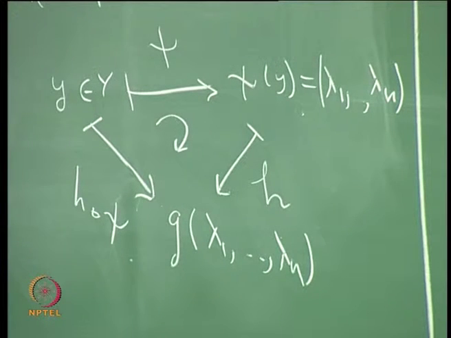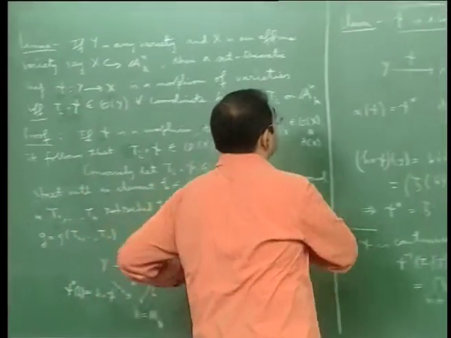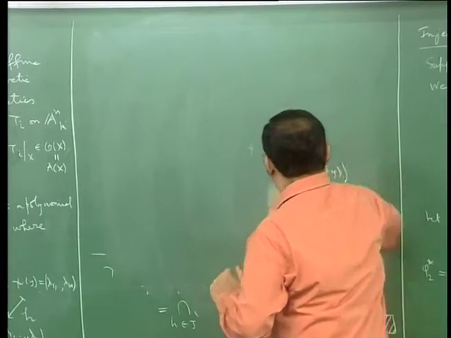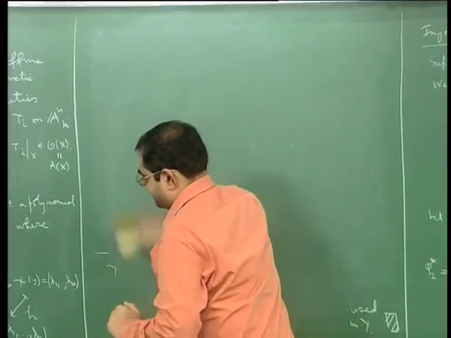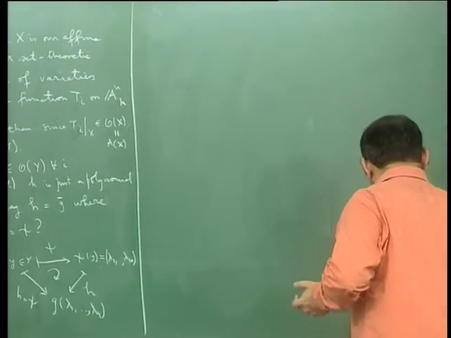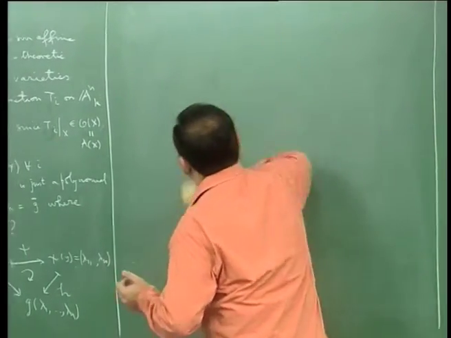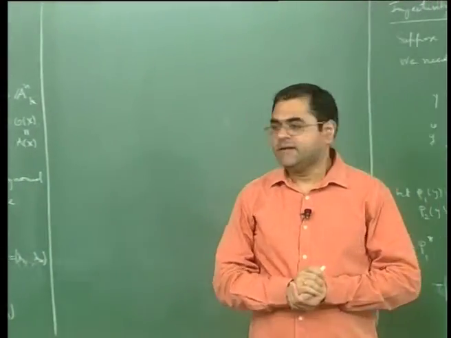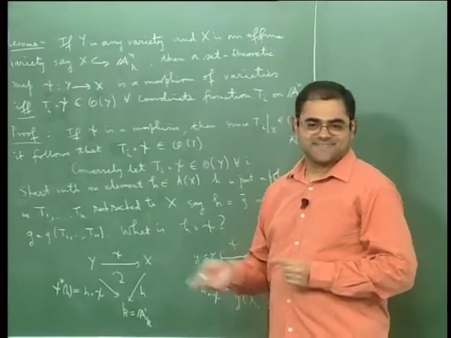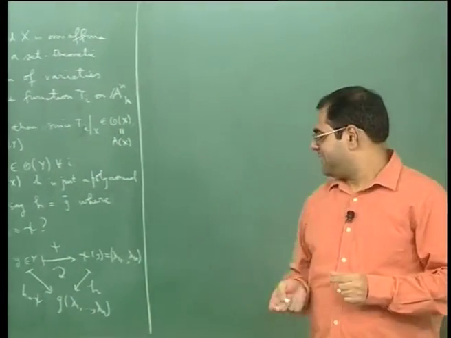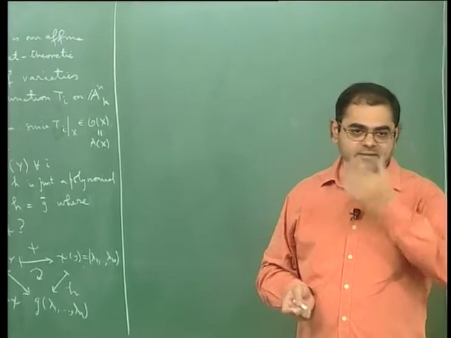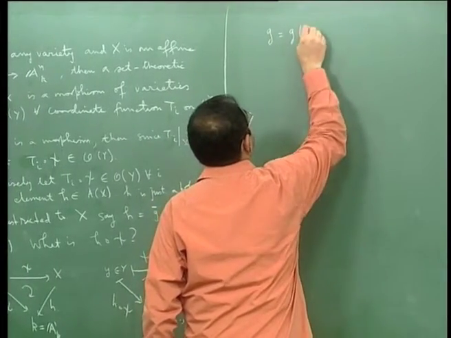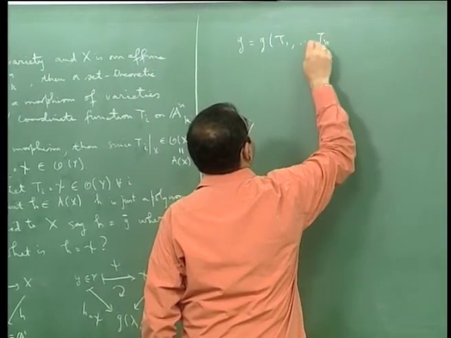And if you look at it now, it will be clear that H circle psi is certainly a regular function on capital Y, because it's actually a polynomial in the Ti circle psi in exactly the way in which G is a polynomial in the lambdas in the T's. See, G is G of T1 etc Tn.